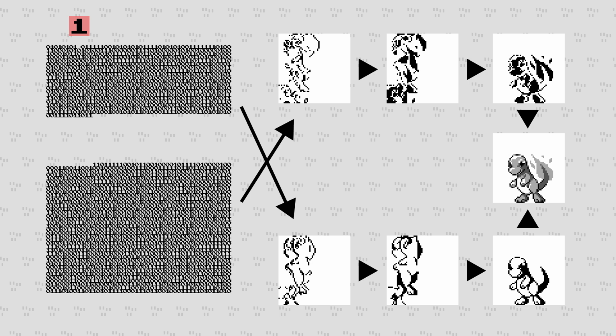First, the 2 sprites are decompressed into an intermediate state. The order that these 2 sprites are processed is dependent on a single bit held in the compressed data. Then after that, the sprites are decoded into their final state using one of 3 different methods. Again, which method is used is determined by some bits in the compressed data.